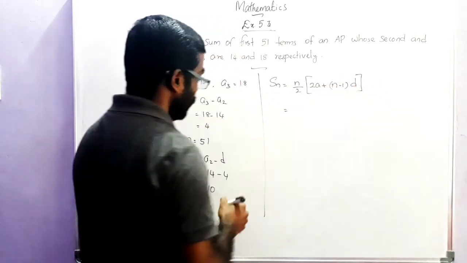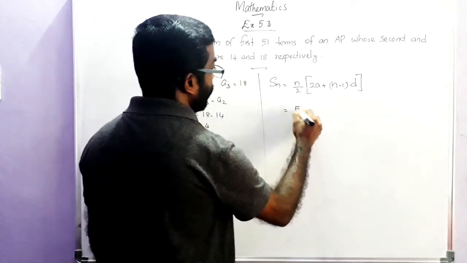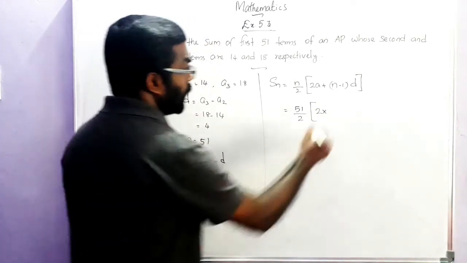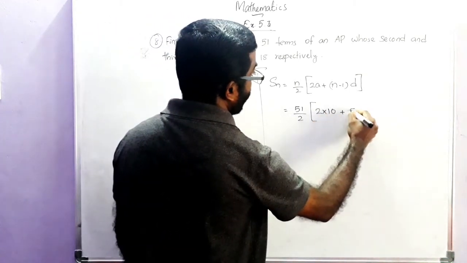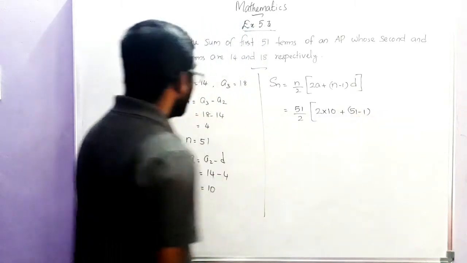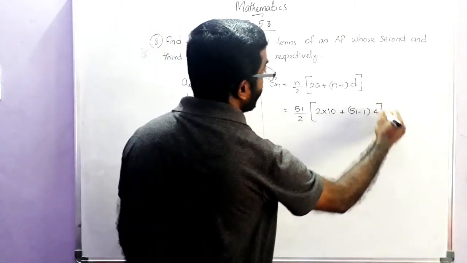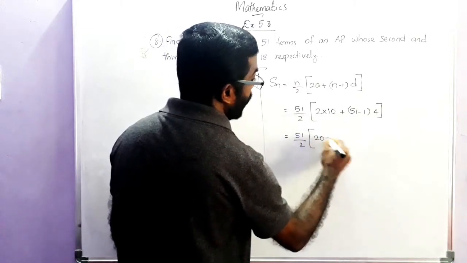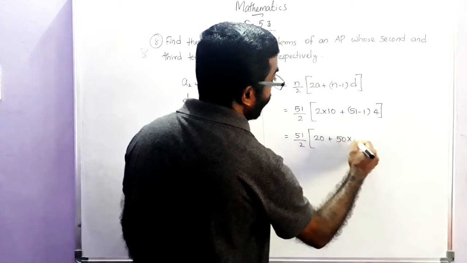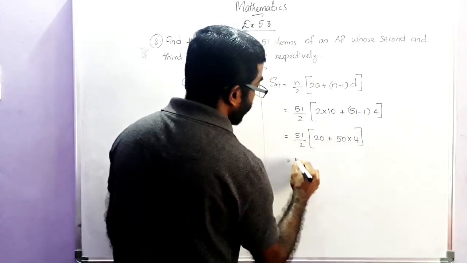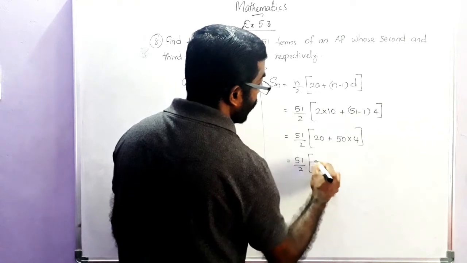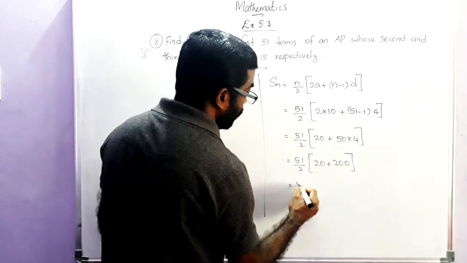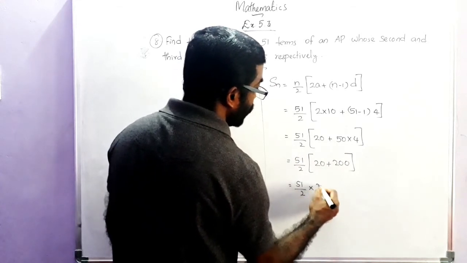Here n is 51, so 51 by 2 into 2a, 2 into 10 is 20, then plus 51 minus 1, which is 50, into d, common difference 4. That is 51 by 2 into 20 plus 200, that is 51 divided by 2 into 220.